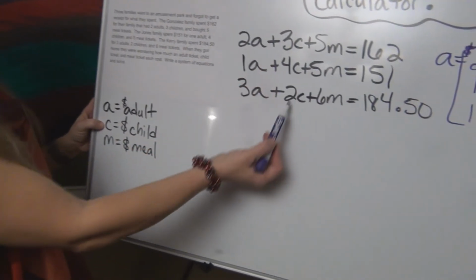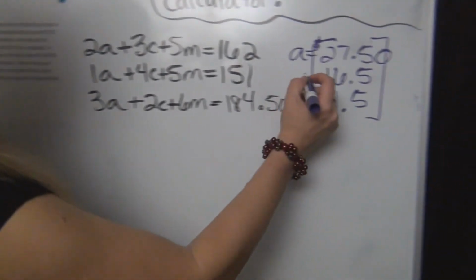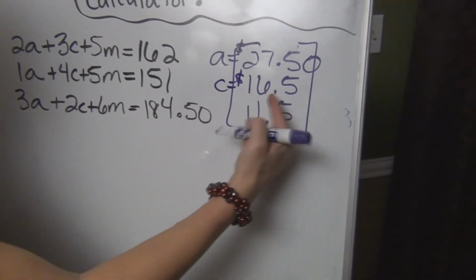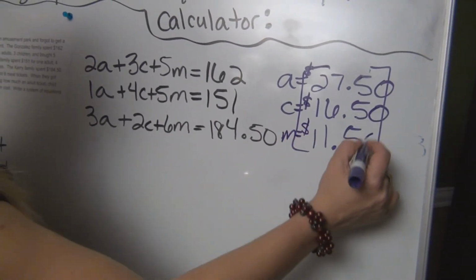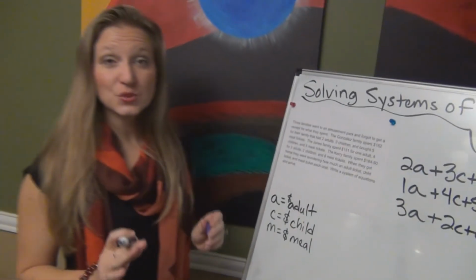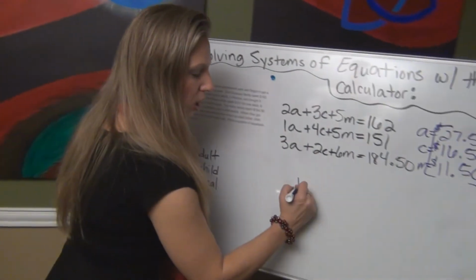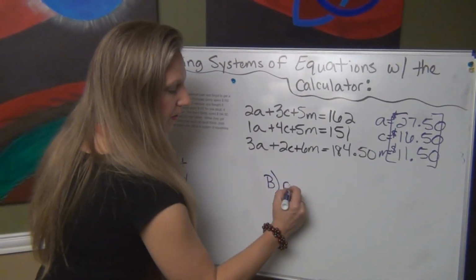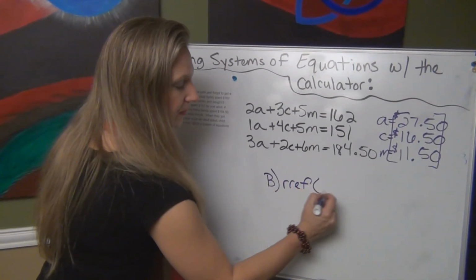C is the next variable that I entered in, so that tells me that a child ticket is $16.50. And a meal ticket is the last variable we entered in, which is $11.50.